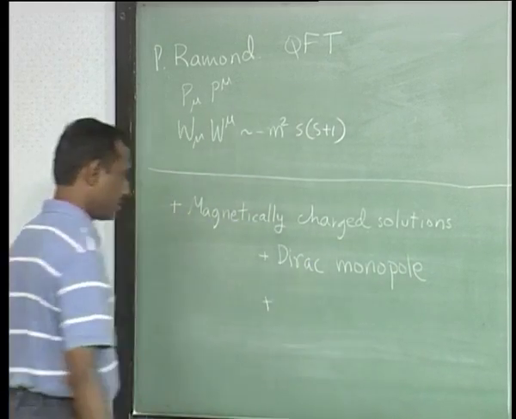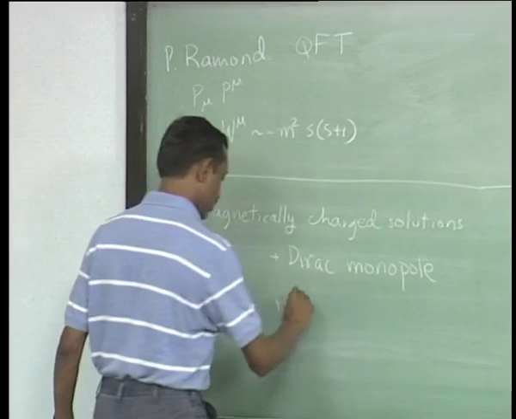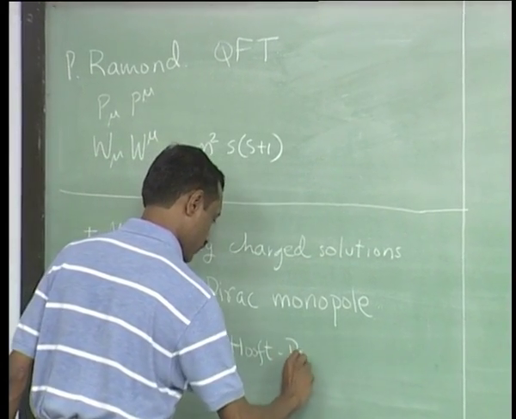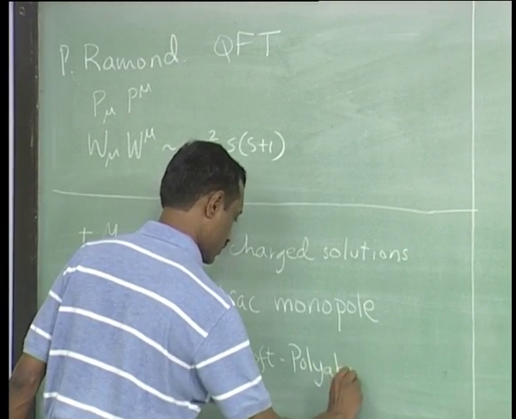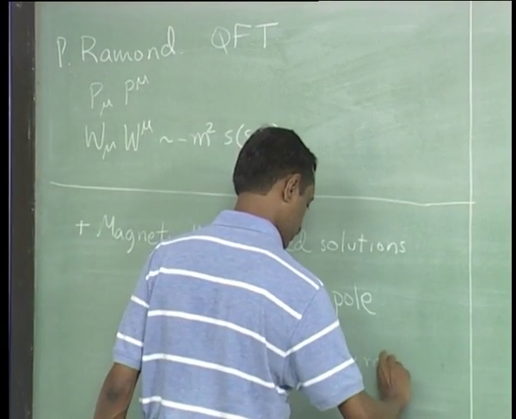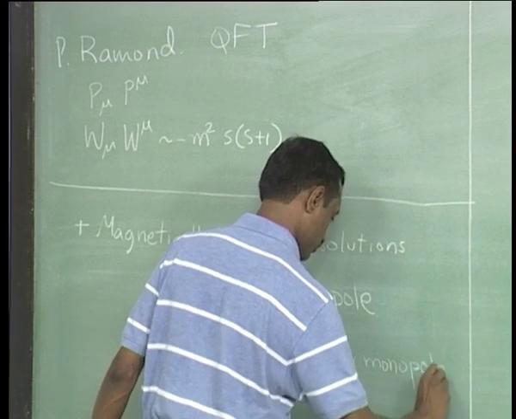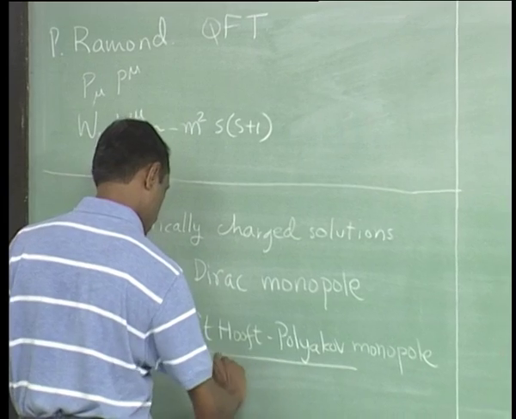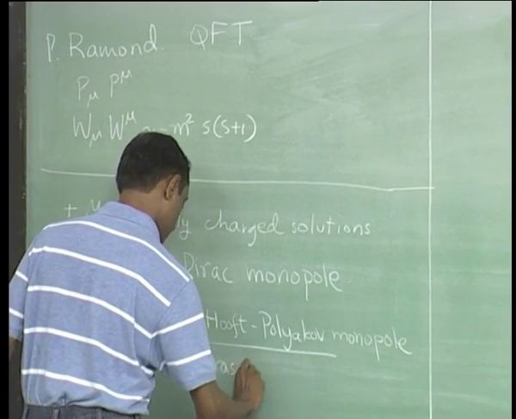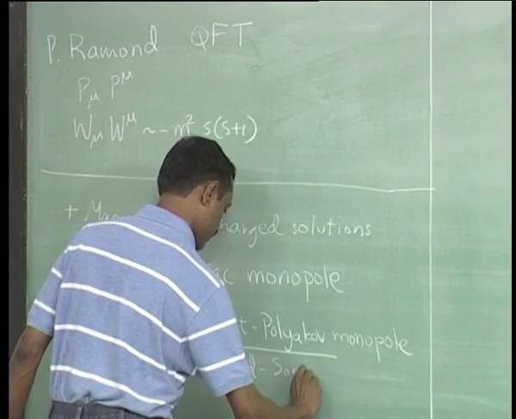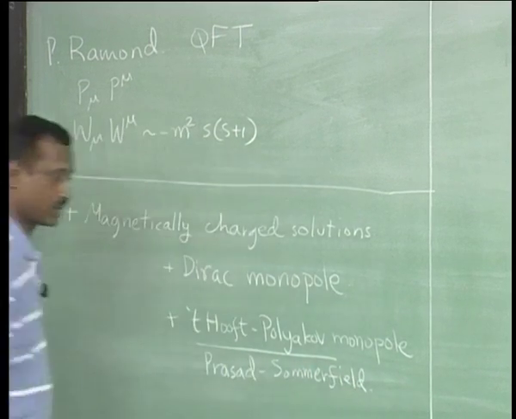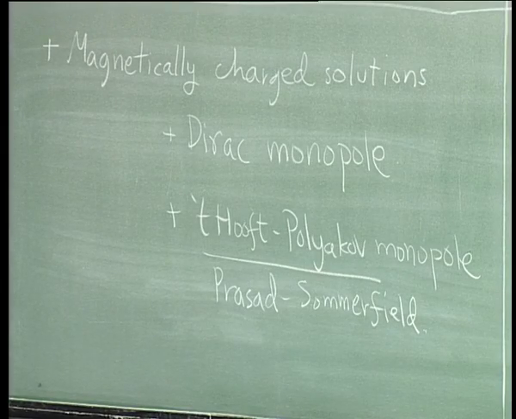The next one is on the 't Hooft-Polyakov monopole, but I do not do it in their version; it is done in a simplified version, which is due to Prasad and Sommerfield. This should take us about a couple of lectures.